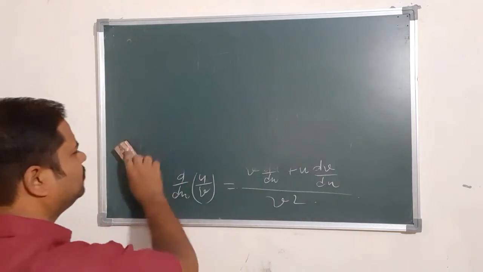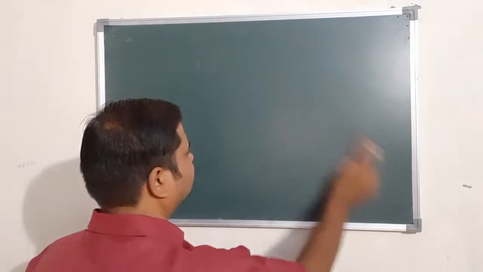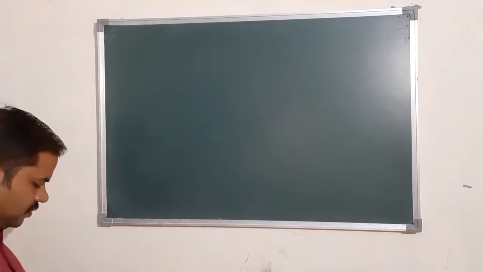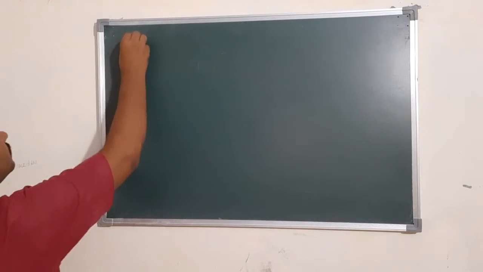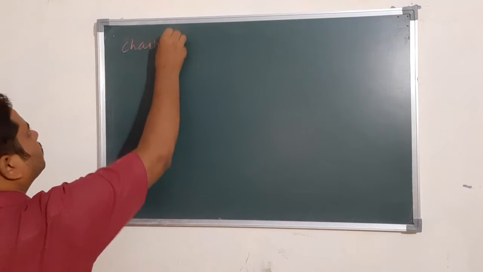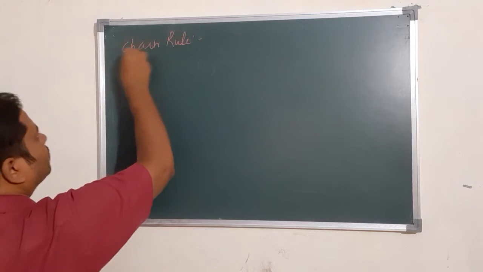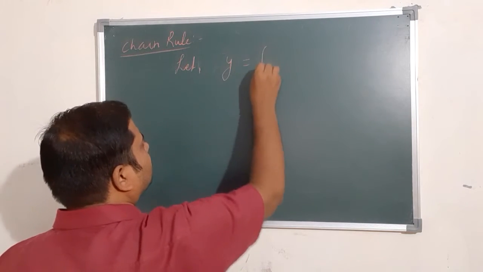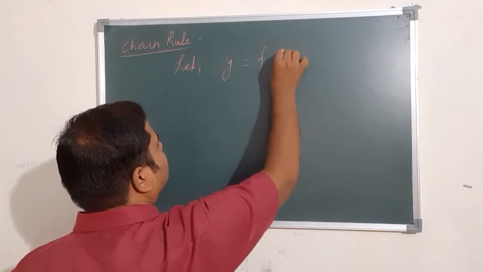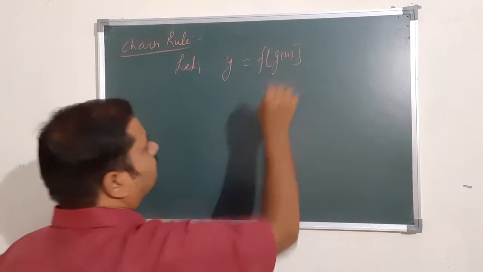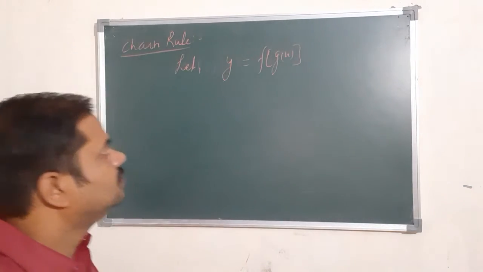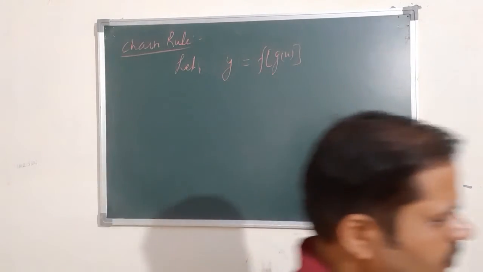Now if you want to know the chain rule, this is the important one. Chain rule: let y is equal to f of g(x). This is the function. Then here we use the chain rule. So how will we use the chain rule?